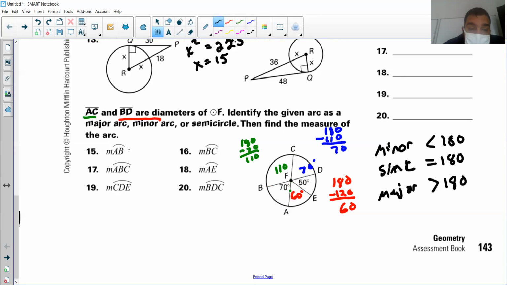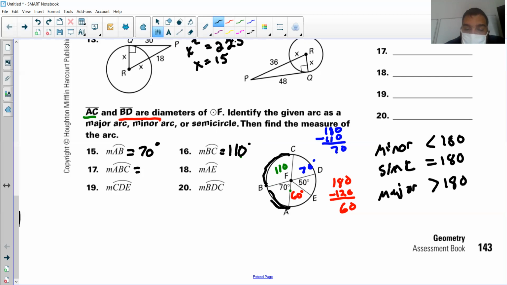All right. AB, so A to B, they give you that is 70. They also ask you for minor, major, or semicircle. I'm not going to ask that, but this will be a minor because it's less than 180. Arc BC, B to C over here is 110. We found that earlier. Degrees.